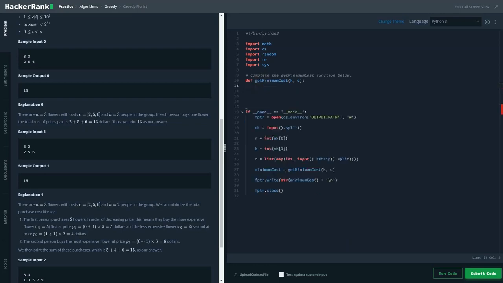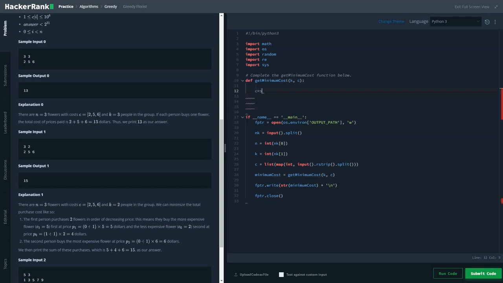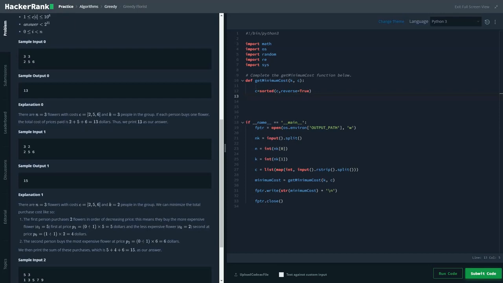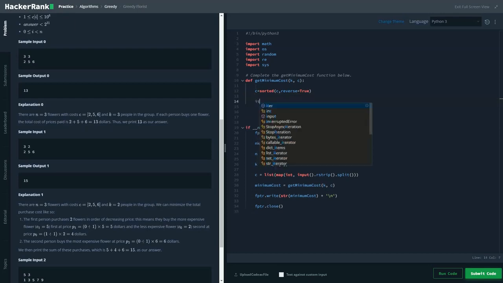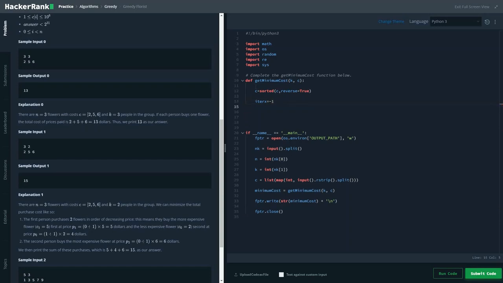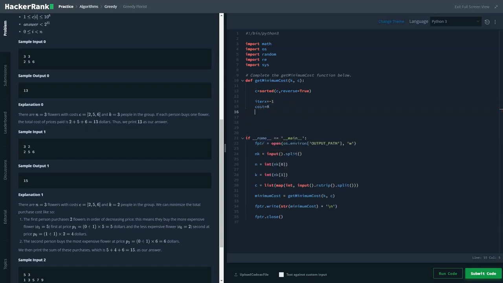So let's do it. C equal to sorted, with reverse equal to true. Here we will be summing our cost, so we initialize a cost variable.